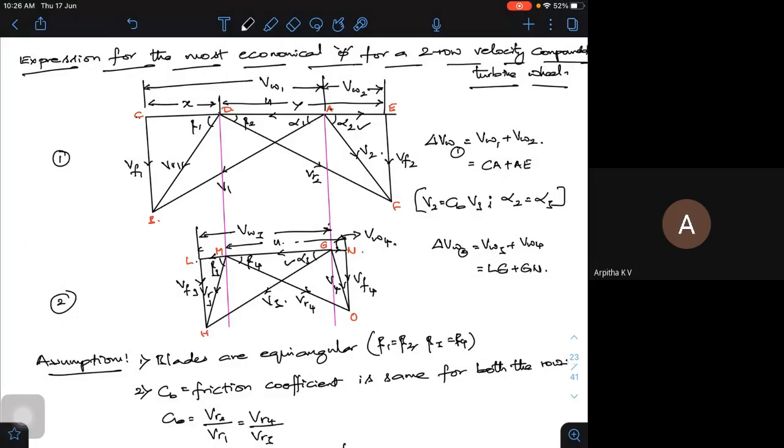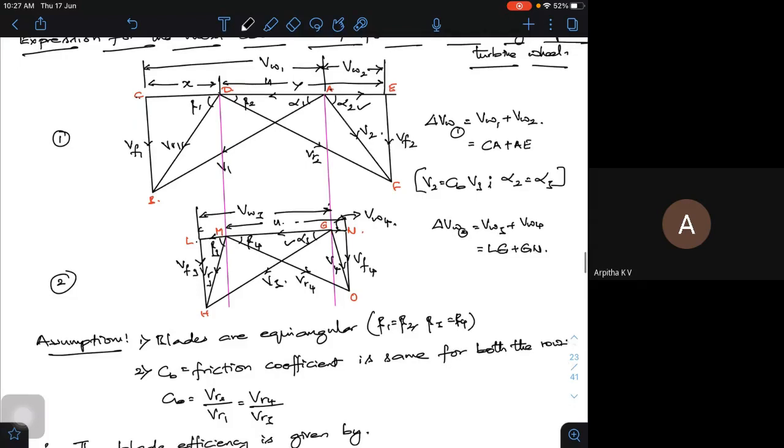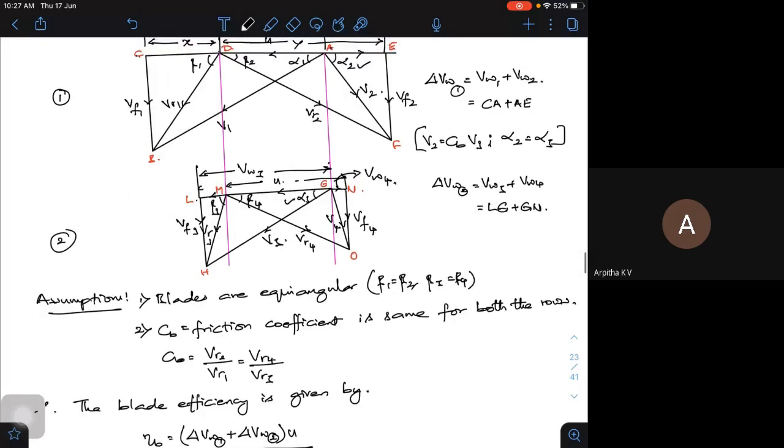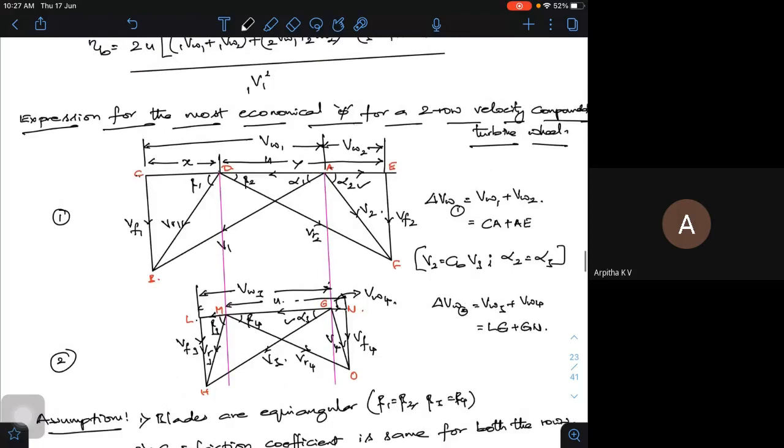That's the condition. Now, when you have this, what is this V2 cos alpha? What is your AE?